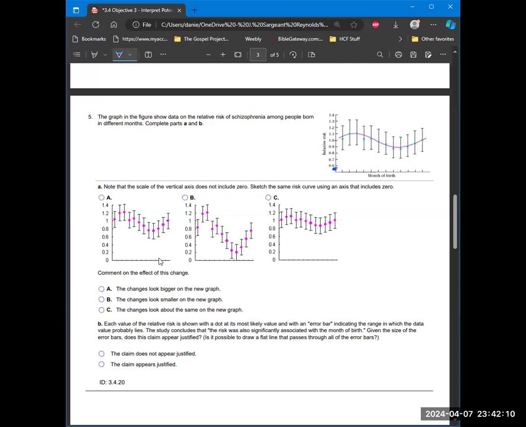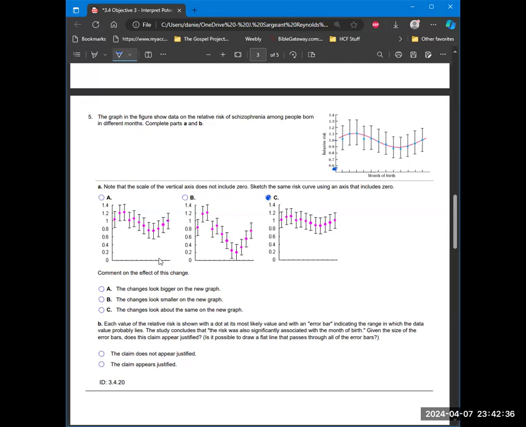So which of these has the first dot at 1 and then goes up, up, down, like so, and has the same kind of wave pattern? It's this one. It's C. It may be hard to see that it's C, but it is C.